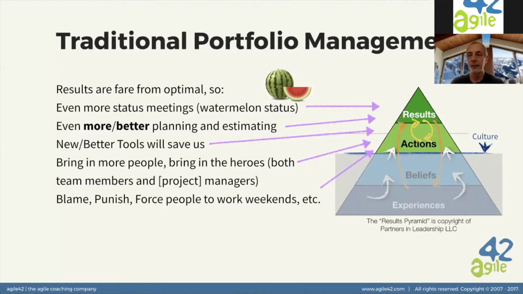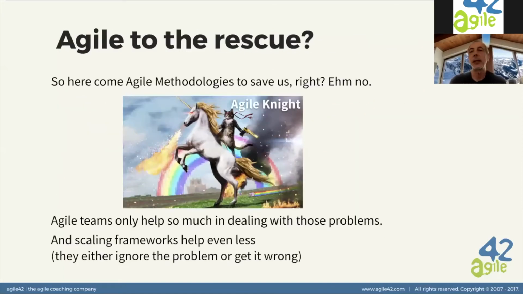The problem here is that you should challenge your beliefs, your assumptions, and look at these issues from a different perspective. And now one could say, oh, but then we have agile, and agile will save us, right?